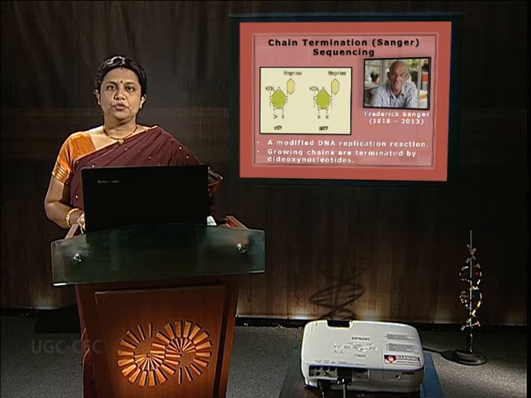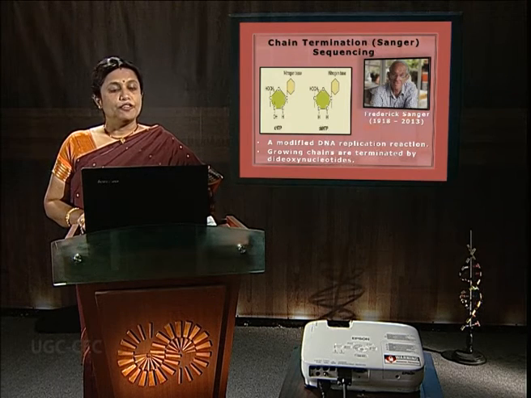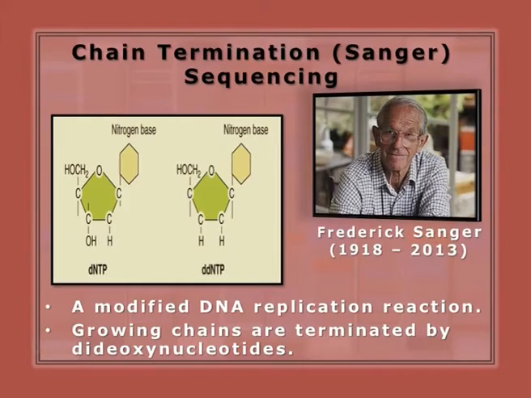The next important contribution was made by Fred Sanger. He established the chain termination method of DNA sequencing, wherein the sequencing is done during DNA synthesis by means of termination of DNA synthesis.